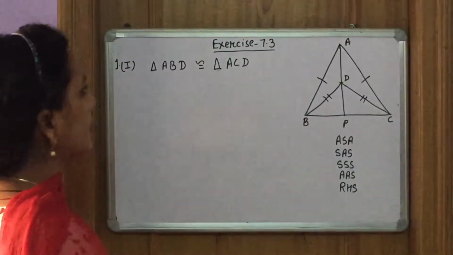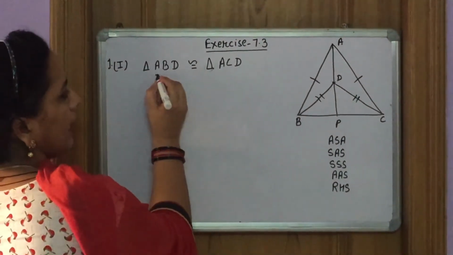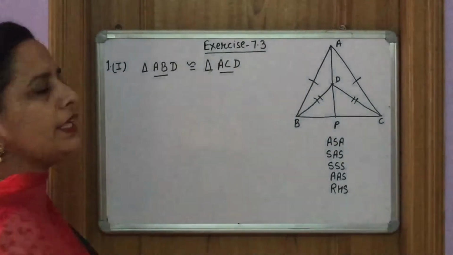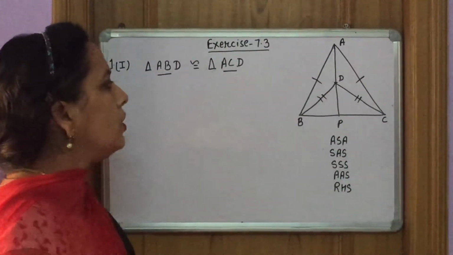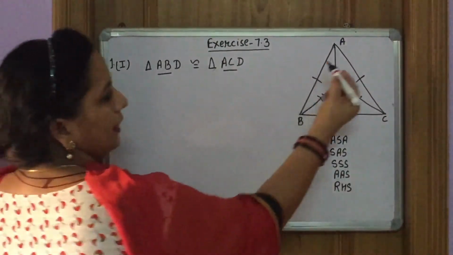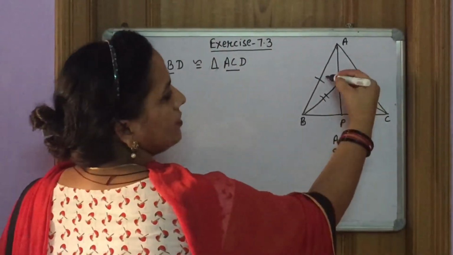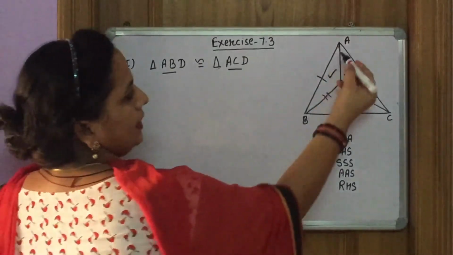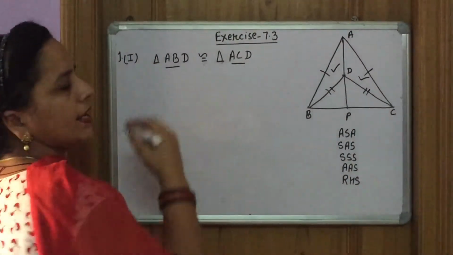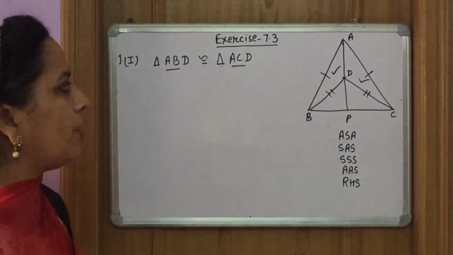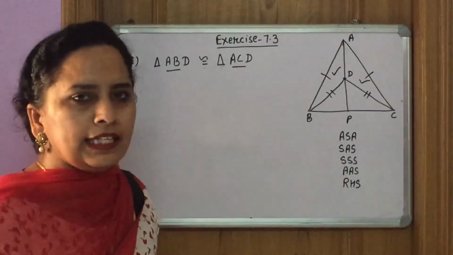So the solution is, in the first part we have to show that triangle ABD is congruent to triangle ACD. So triangle ABD is this one, and ACD is this one. We have to show these two triangles are congruent. So find out 3 terms which are equal.